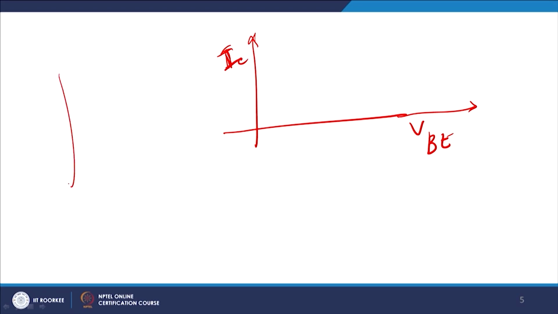So, if you plot IC versus VCB, I will almost get a constant current source, which means that I can replace the collector side by a constant current source. If it is an ideal constant current source, my output impedance will be infinitely large, and I will get an almost fixed value of current even if I change the value of VCB too much.